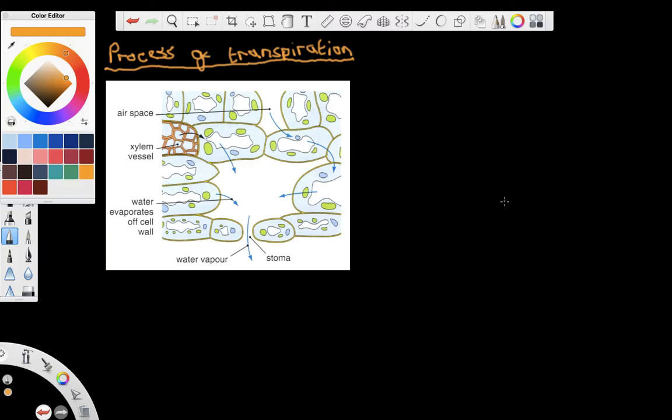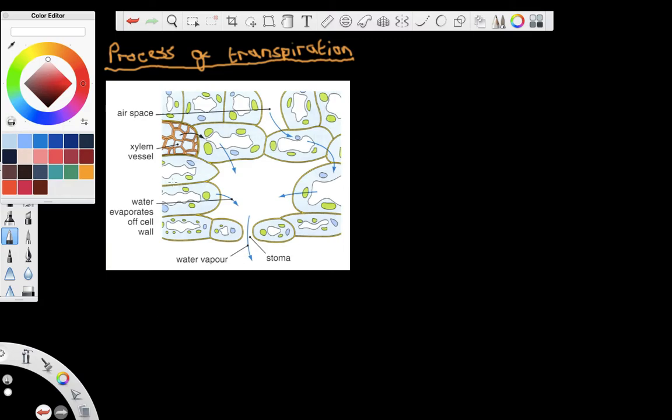When transpiration happens, water first evaporates from the spongy cells into the air spaces. So these spongy mesophyll cells are losing water into the air spaces.